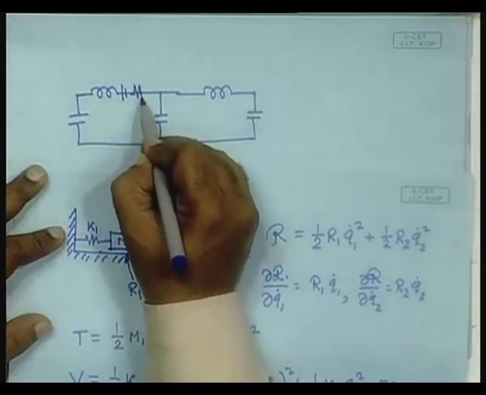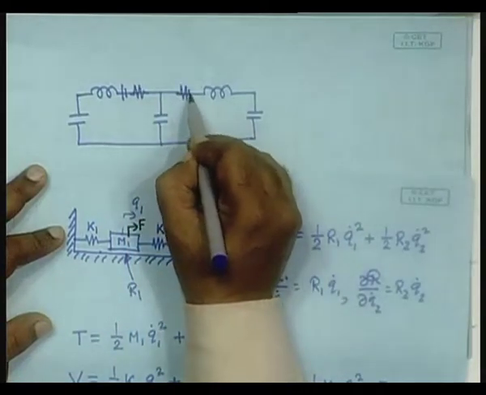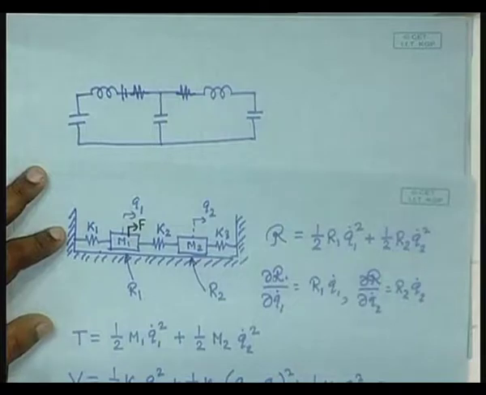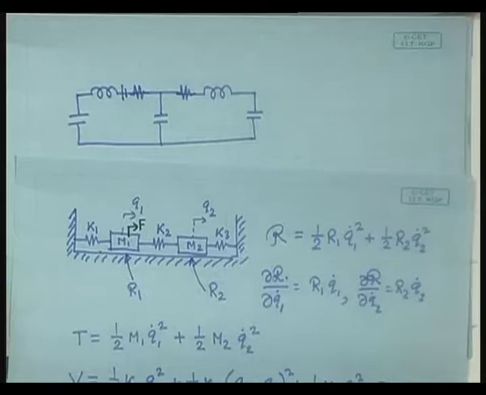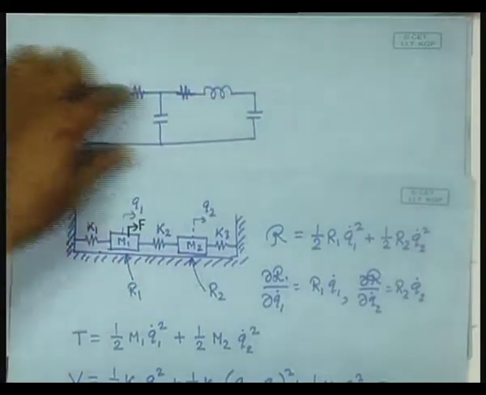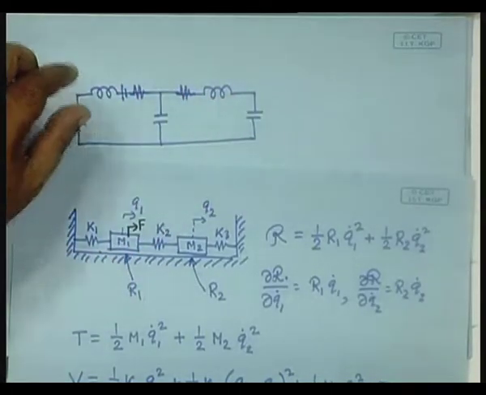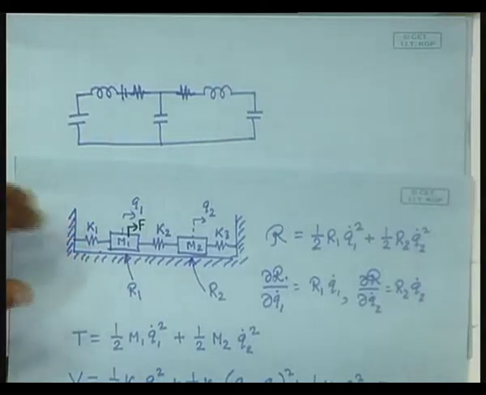So this is the equivalent of this mechanical system. If you obtain the equations for this electrical system, you will get exactly the same equations, only the K and 1 by C will have to be interchanged, that is all.